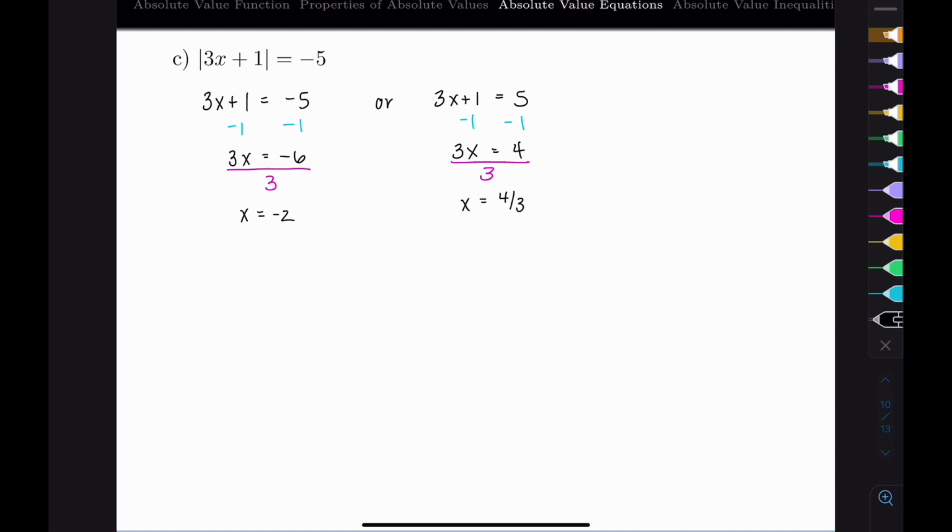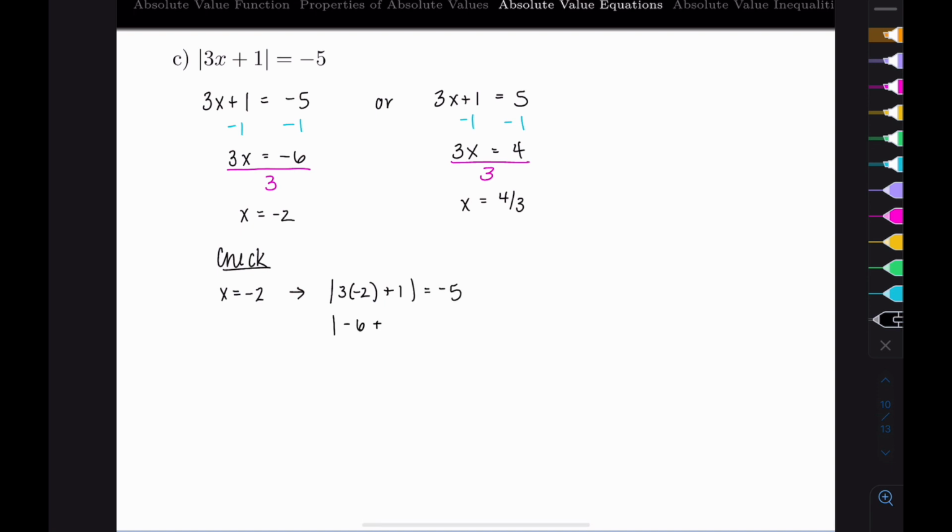Okay. So super easy to follow exactly the same pattern. I've got solutions. I think I'm done. But let's check that these work out. So let's start by plugging in x equals -2. If we do that, that gives us the absolute value of 3 times -2 plus 1 equals -5.